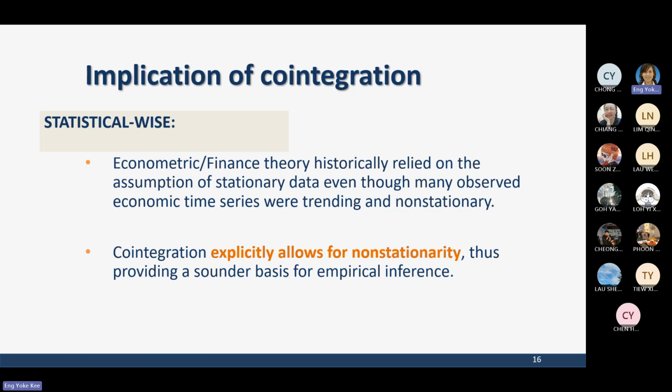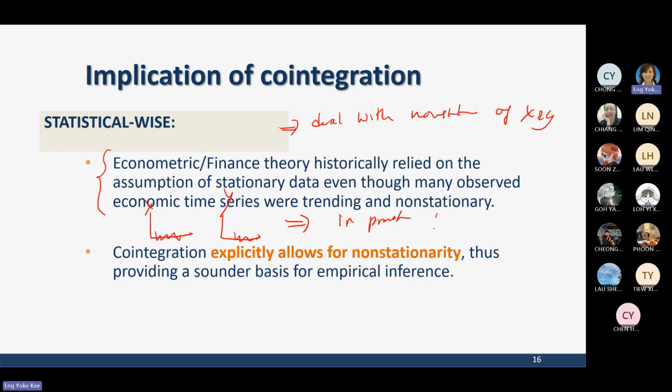Now statistical-wise, okay, what are the benefits that you enjoy if you see there is a co-integration between X and Y? Okay, so firstly, it helps us to deal with non-stationarity of data. So we know that in the beautiful world, we need to assume X and Y are like this. But unfortunately, in practice, what do we see? They are non-stationary.